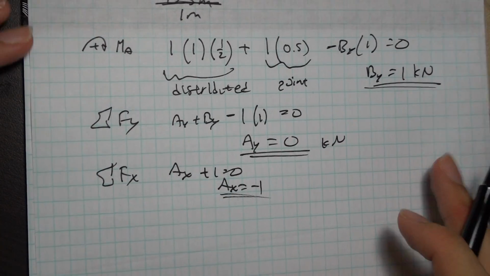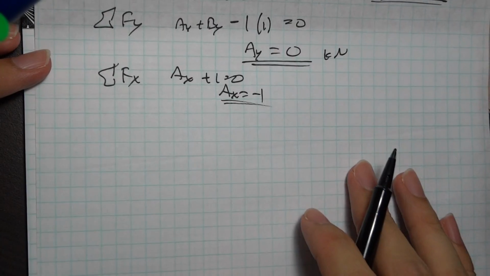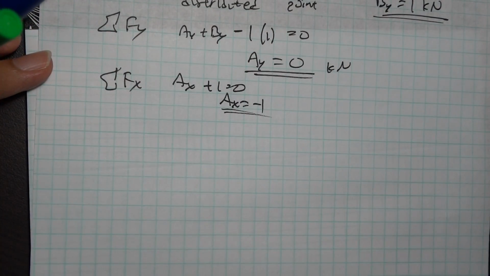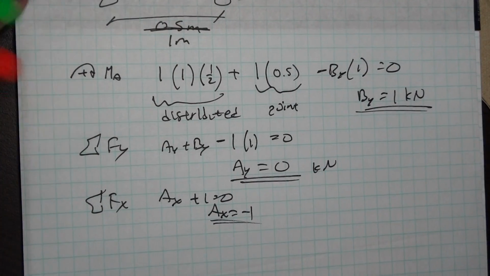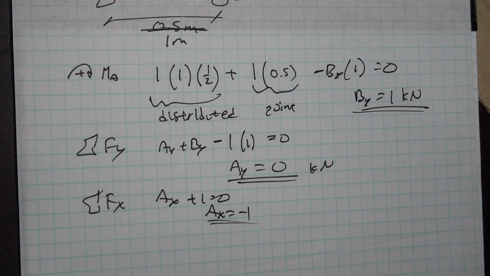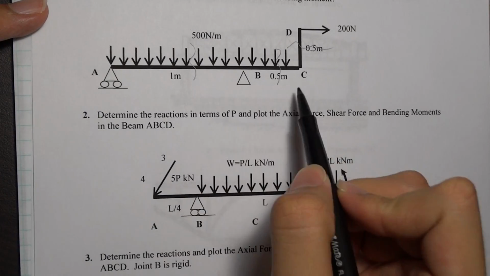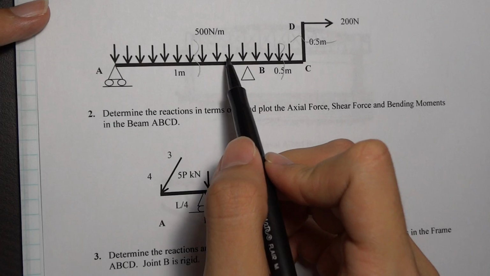Okay, and now, in order to graph our moment and shear, we need to calculate our equations, and there are a couple things you need to do. I'm going to pull in the class example here. Note that you need to make 3 cuts for this problem. From here to here, because these are between reactions, between point loads.